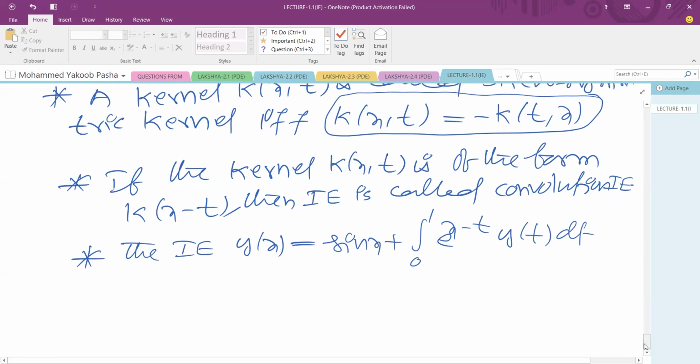Here we can observe the kernel k of x comma t is e to the power of x minus t. It is in the form of k of x minus t, so it is called a convolution integral equation.